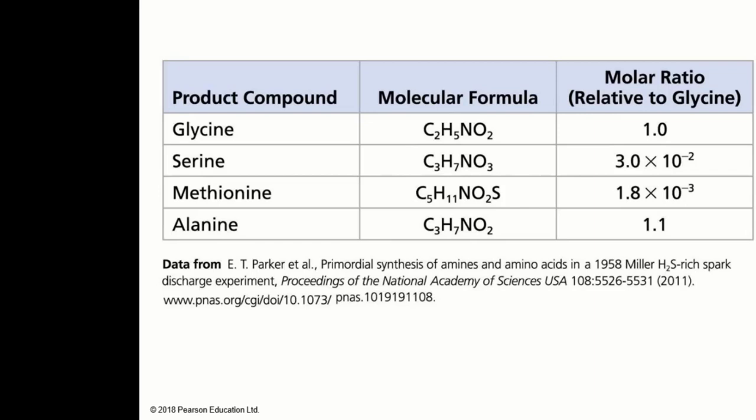And here it's derived from data studied by Parker and others, titled The Predominant Amines and Amino Acids, in 1958, Miller H2S rich spark discharge, in the Proceedings of the National Academy of Sciences, you need to check.